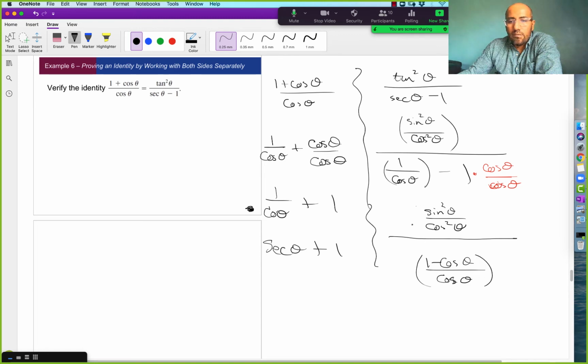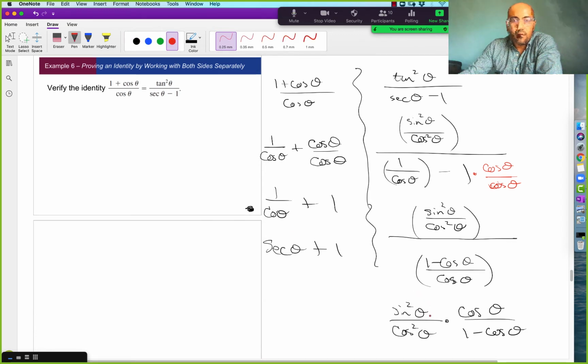Okay. And what do we have when we have one giant fraction with a fraction in the numerator and a fraction in the denominator? We can multiply the numerator times the reciprocal of the denominator. So we end up with sine squared theta over cosine squared theta times cosine of theta over 1 minus cosine of theta. And this cancels.